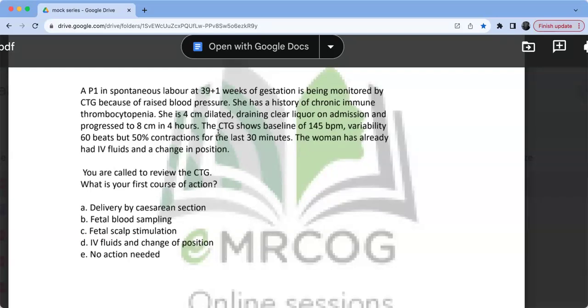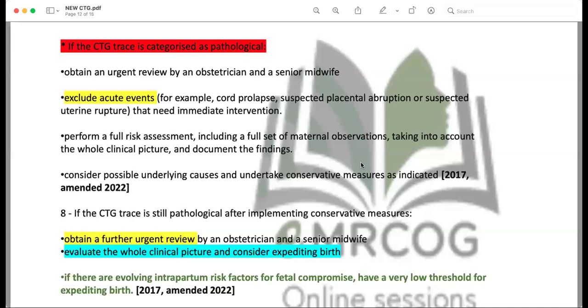What is the first action to do? So people who are not convinced with the fetal scalp stimulation, are you convinced with the cesarean section, for example? For you, do you think that this is more logical to choose as a first action?